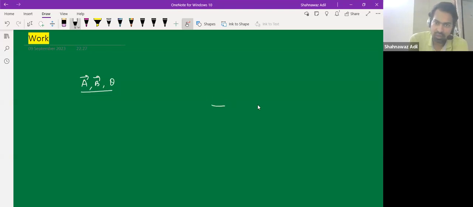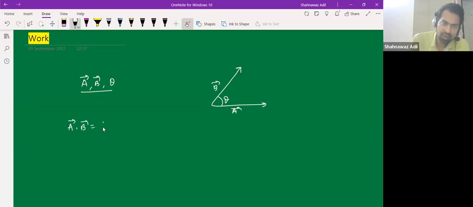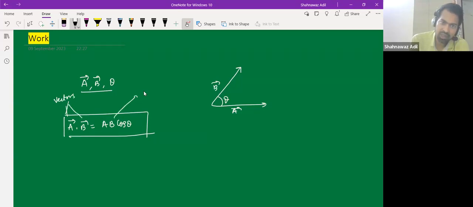So we defined the dot product as A dot B equals AB cos theta, right? So these are two vectors, and when they multiply together, they give a scalar. So this was the idea of the scalar product.